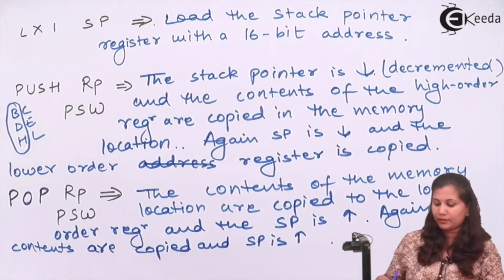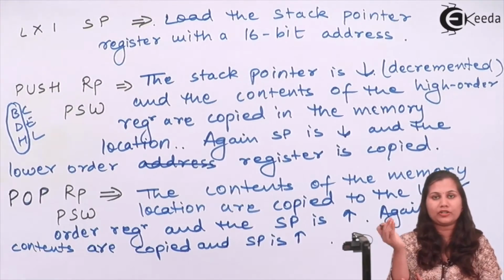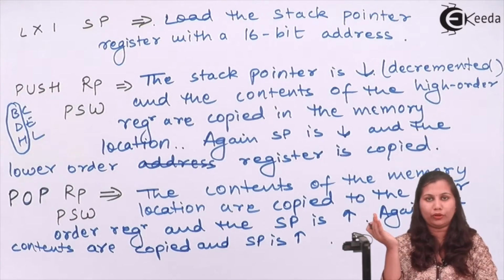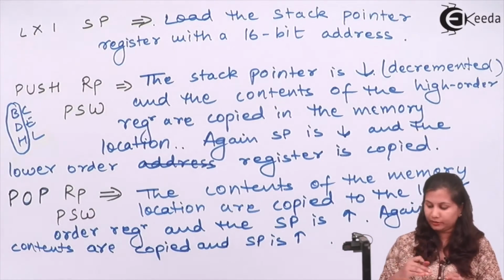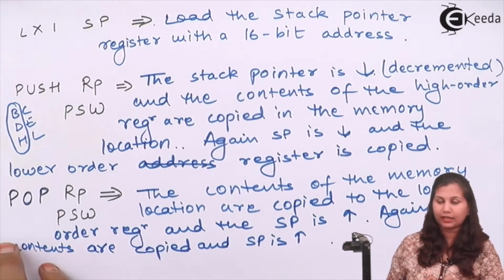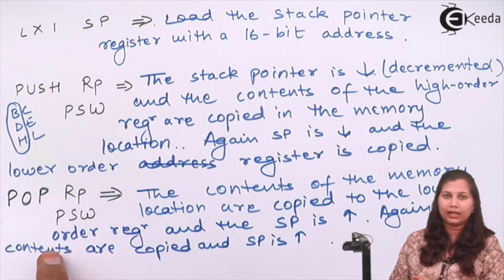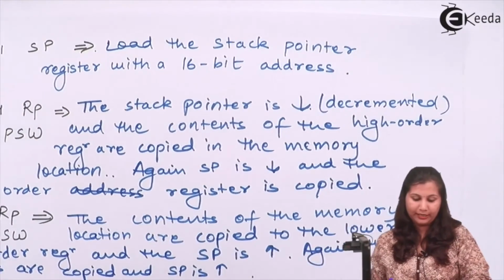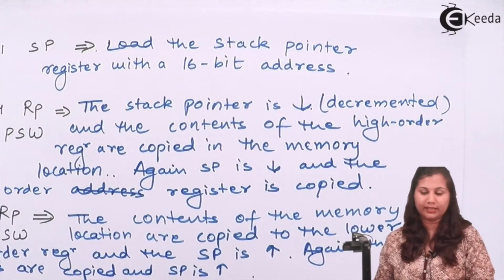For pop, the contents of the memory location are copied into the lower order register, and then the stack pointer is incremented, and then again the contents are copied into the higher order register, and again the stack pointer is incremented. So let's take an example so that you can clearly understand.